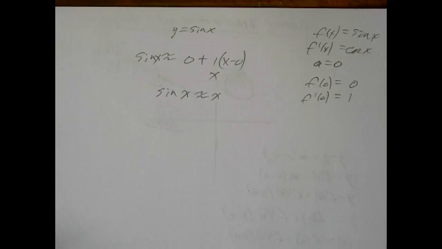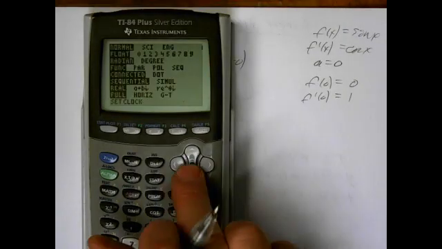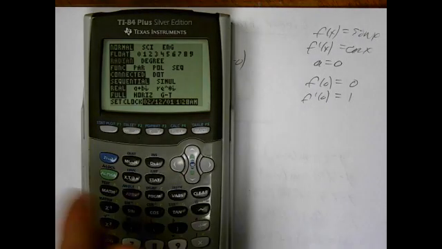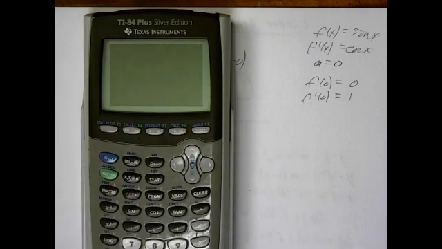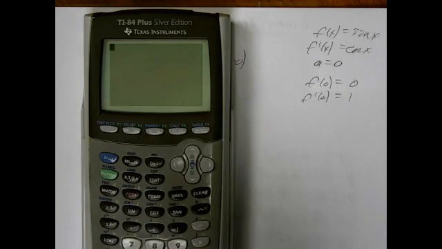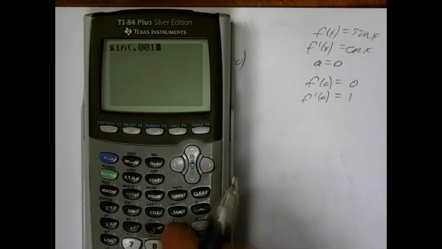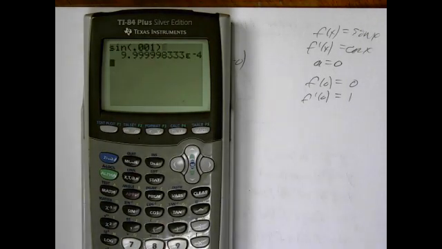And that can be tested on the calculator. One thing you have to be sure of is that you are in radians. Everything we do in calculus, especially as it pertains to trig functions, is dependent upon our use of radians. So if I want to take the sine of 0.001, I would expect that that would be close to 0.001. And if you round that to 3 decimal places, that's what you get, 0.001.